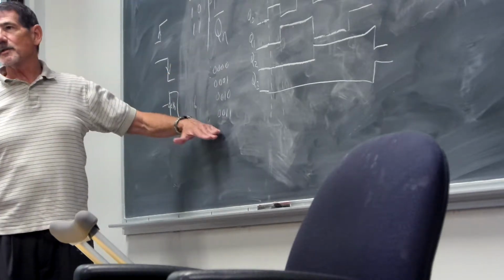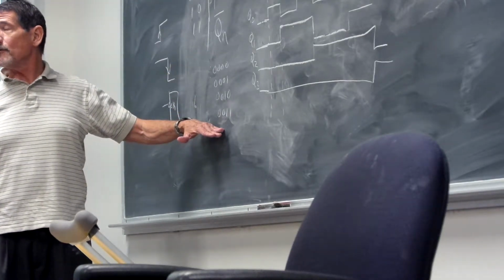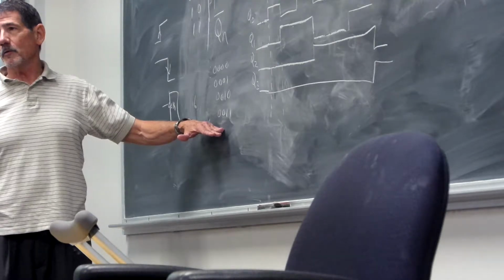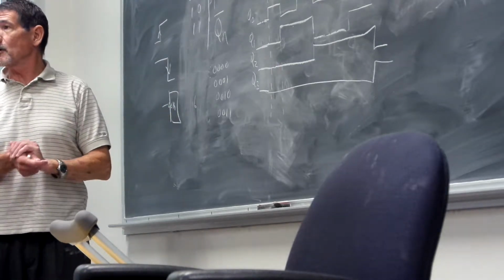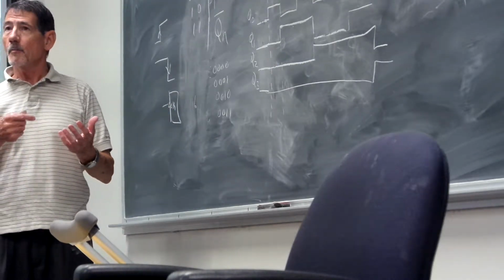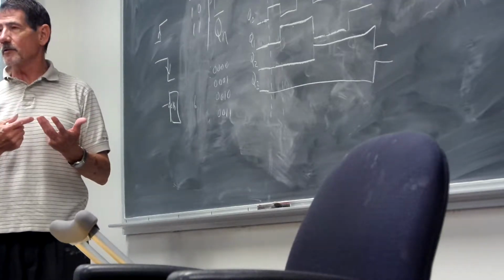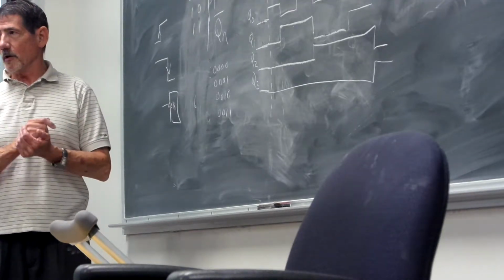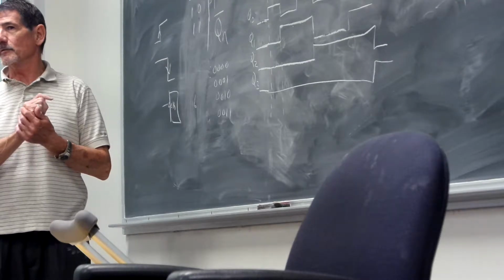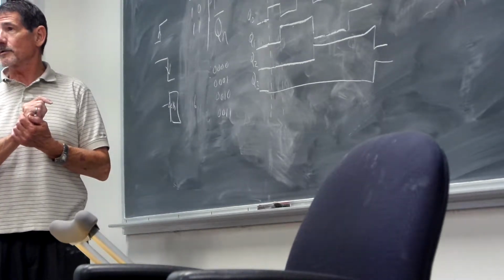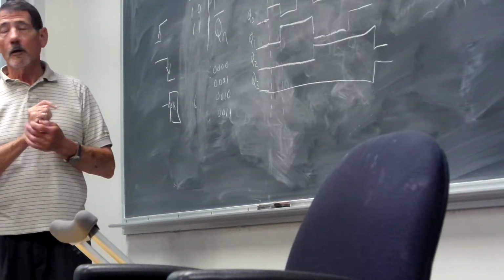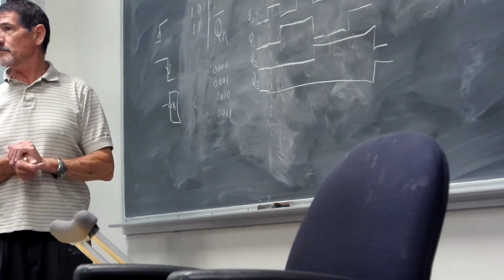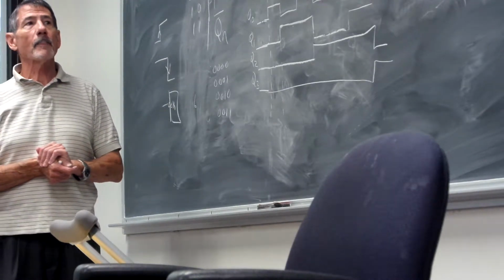So this is a number system here, if you will, and next period we're going to start on numbers. We're going to start on positive integers, negative integers, and then the following time on Friday we'll start talking about floating point numbers and how we represent them. Everybody doing okay with this? Okay.